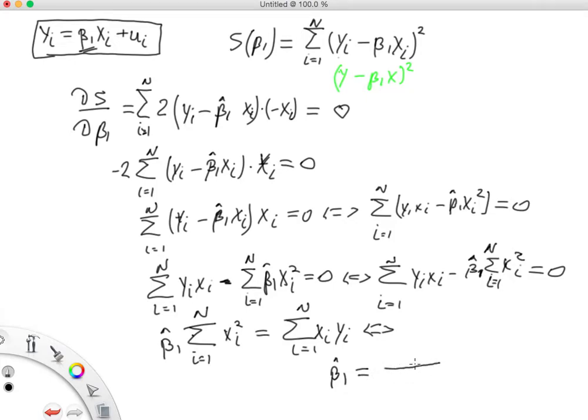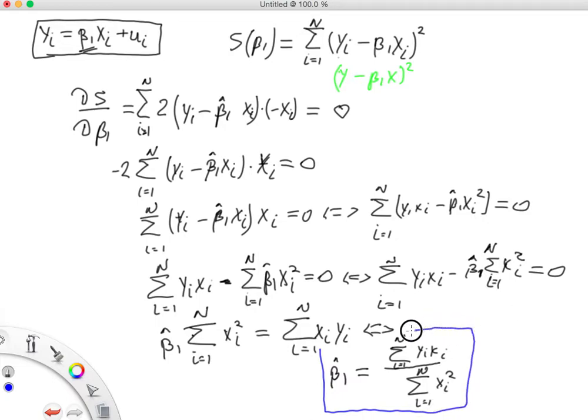then we get beta 1 hat equals the sum of xi yi over the sum of xi squared. Now this is the answer to the question. This is the solution of the equation.